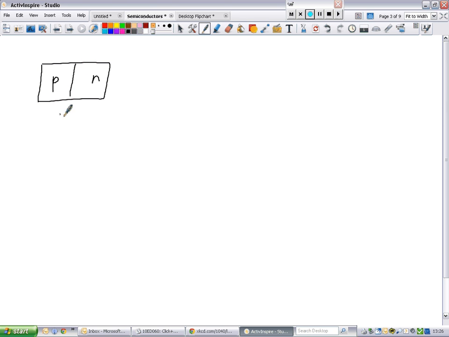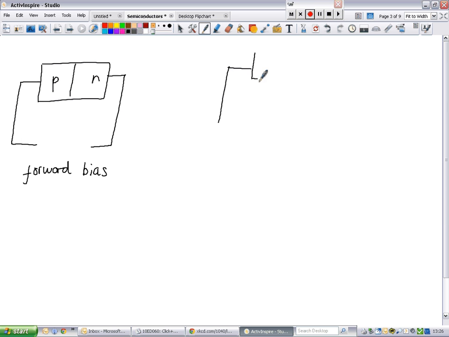So we've got p-type material, our holes, here on the left hand side, and n-type material, our electrons, on this other side. Forward bias is, as it would suggest, it moves things forward. Reverse bias moves things in reverse.